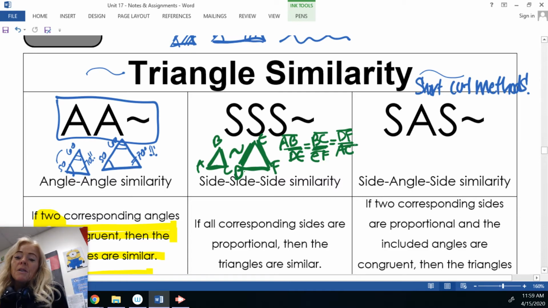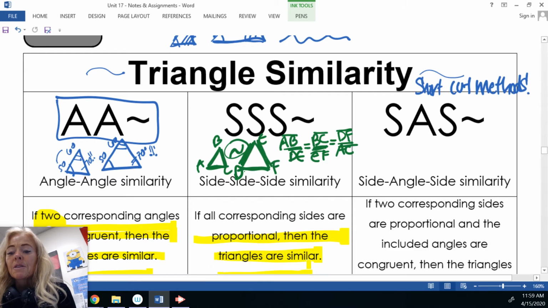Okay, so if that's the case, and we tested all three of the ratios and found them to be equal, then we know for sure that the triangles indeed are similar. Okay, so as you read this, I'm hoping this just sticks, but if all corresponding sides are proportional, then the triangles are similar.